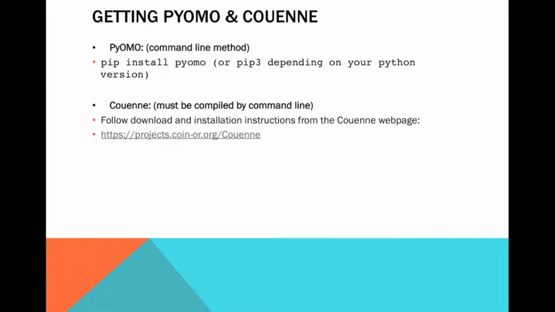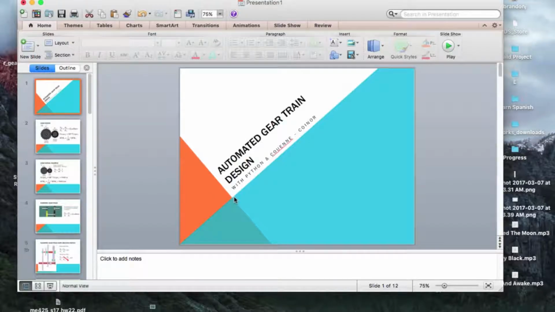Perhaps I'll make another video about how to get it, but it's really kind of painful sometimes when you're compiling packages because of all the different dependencies that they need. But if you get it from here, it should have all of the dependencies prepackaged in, so you should be all good on that.